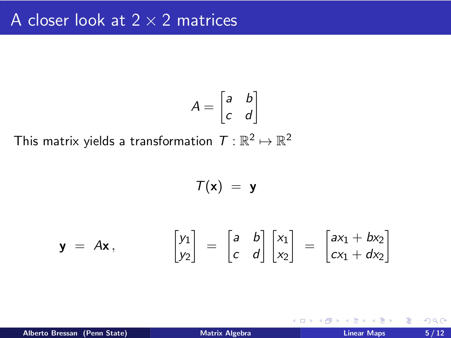So we say this is a transformation from R2 to R2. And the y here will just equal A times x. If we write out the elements, that's the A matrix, that's the x vector, and you carry out this product, we can write out each element for the y. So y1 will be that, and y2 will be that.